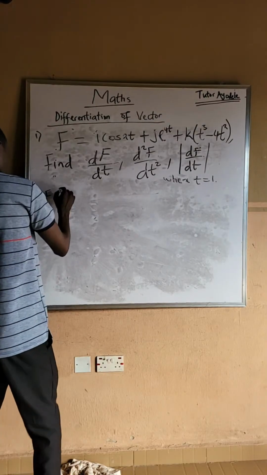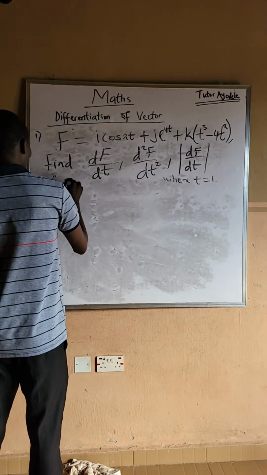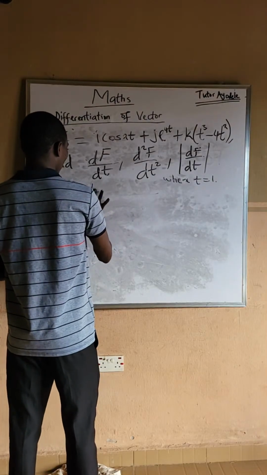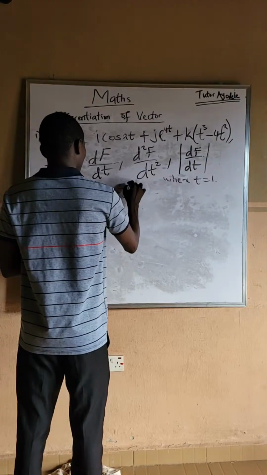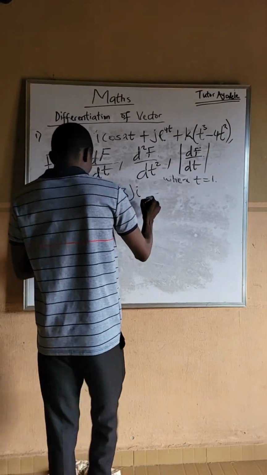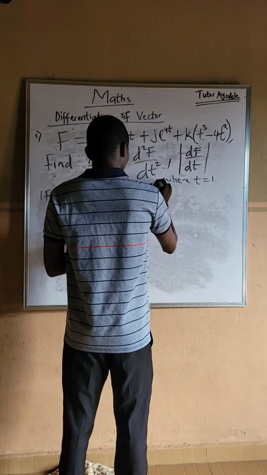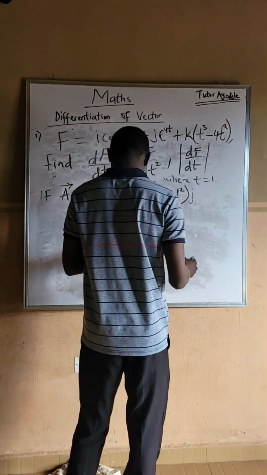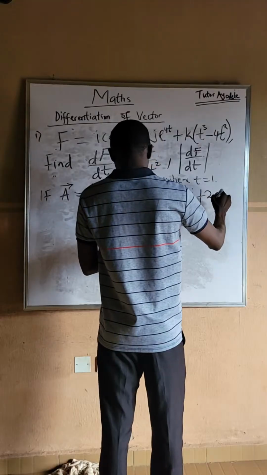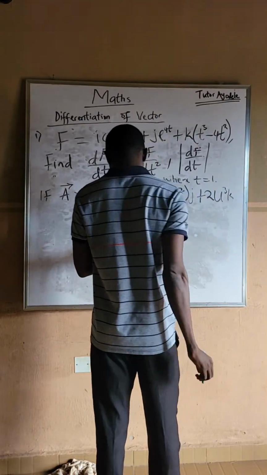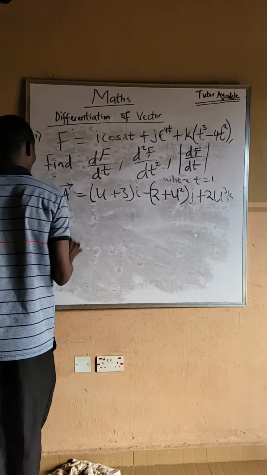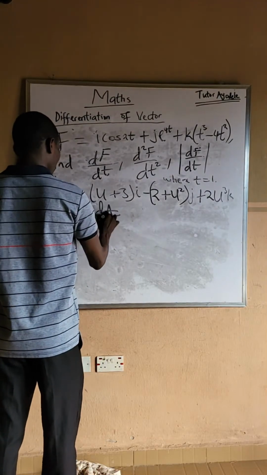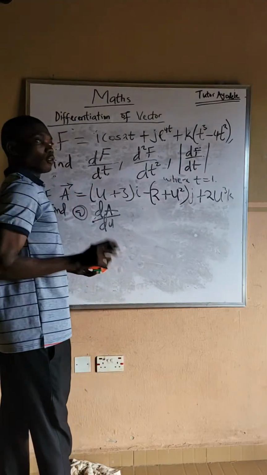But I'll give you one to solve as your assignment. If vector A equals U plus 3 I minus 2, plus J plus 2 U raised to the power of 3 K. Find the derivative of A with respect to U. You can drop the answer after this class.